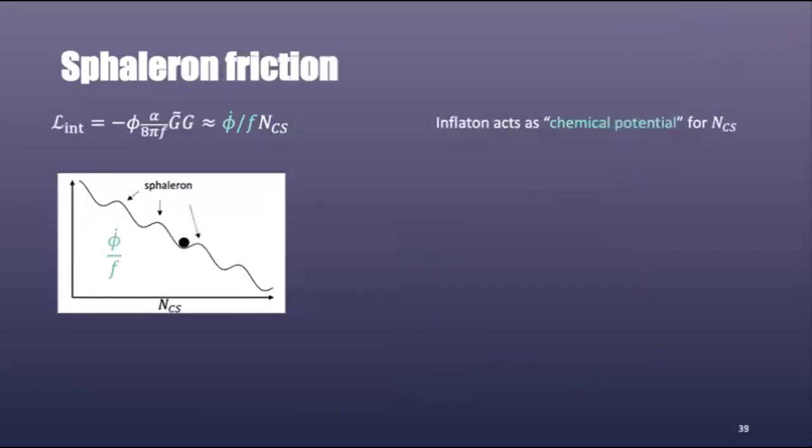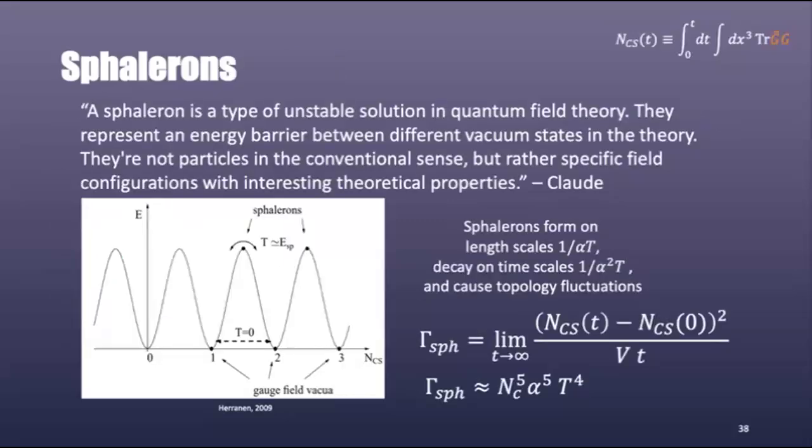Okay, so let's look at this in a slightly different picture. So we have this potential here, and as was already brought up, this is the zero temperature picture. At high temperature, these barriers actually become much, much smaller. So these become much lower.